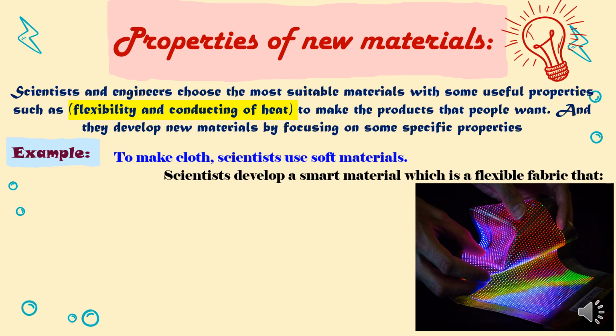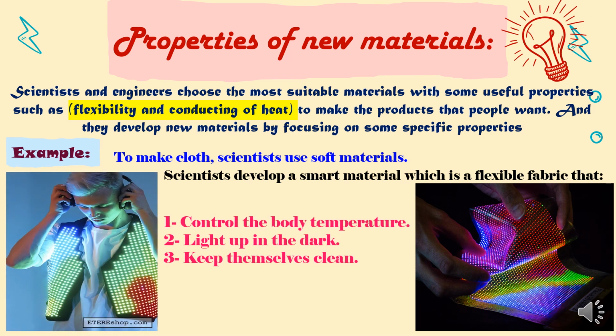Let's take some examples to understand. To make clothes, scientists use soft material. Scientists develop a smart material or smart cloth, which is a flexible fabric that controls the body temperature, lights up in the dark, and keeps itself clean, like this picture in front of you.